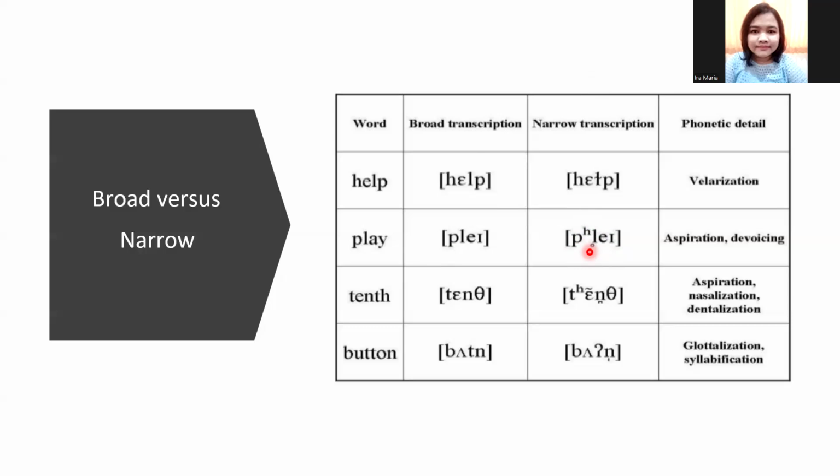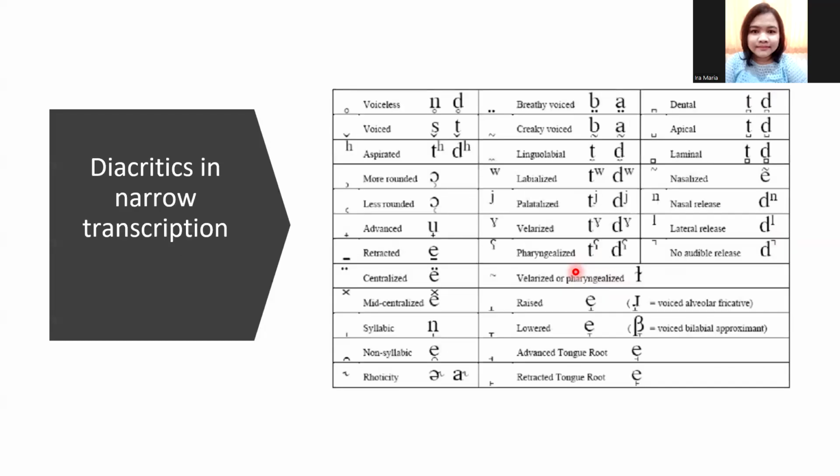So if you see here, aspiration is for the H symbol added here, and then the voicing, it means voiceless, is for the small circle added here. So in narrow transcription, like I told you, we have diacritic symbols, so many diacritic symbols here that need to be learned, that need to be memorized.